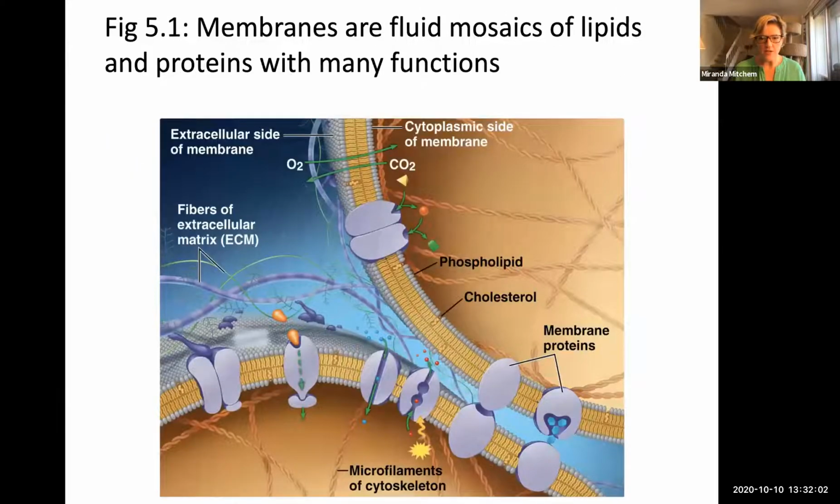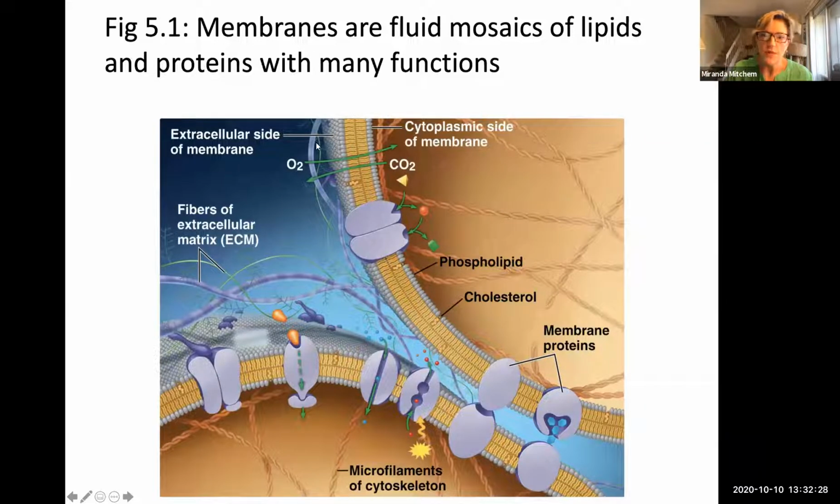All right, so here's a figure from your textbook, and we're looking at a cartoon drawing of two cells that are interacting with each other. We can first of all focus in on the phospholipid fat molecules that make up the actual membrane itself. And then we're going to turn our attention to the various proteins.